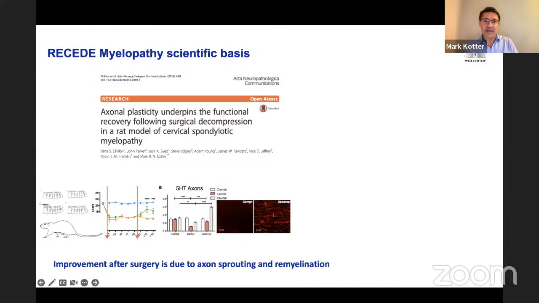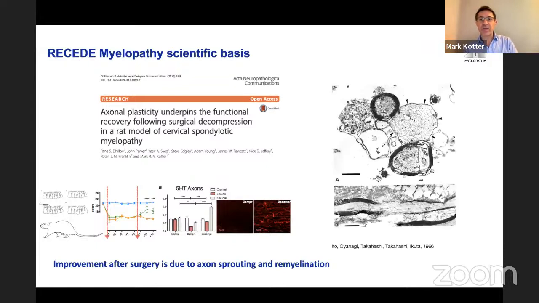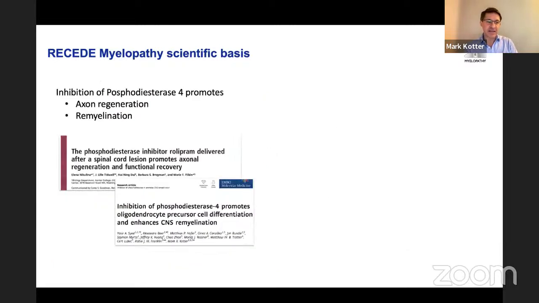And the major finding here is that axonal sprouting and connectivity seem to be one of the main drivers for this recovery. On the other hand, I already mentioned the human postmortem study that showed that remyelination is also observed in the context of DCM. Interestingly, both processes, axon outgrowth and remyelination, are controlled by similar molecular pathways, in particular MAP kinase signaling, that you can influence using phosphodiesterase 4 inhibition.